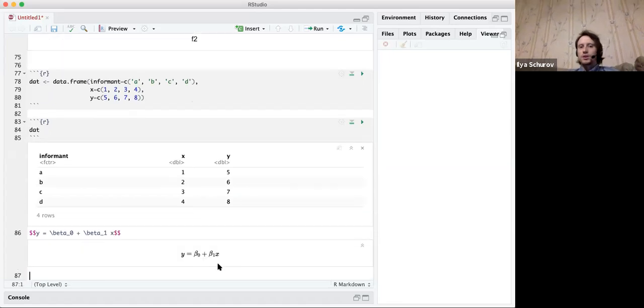So this is just a simple linear model. I ignore the informant column and just consider the relation between y and x. What can you say about values of beta naught and beta 1?